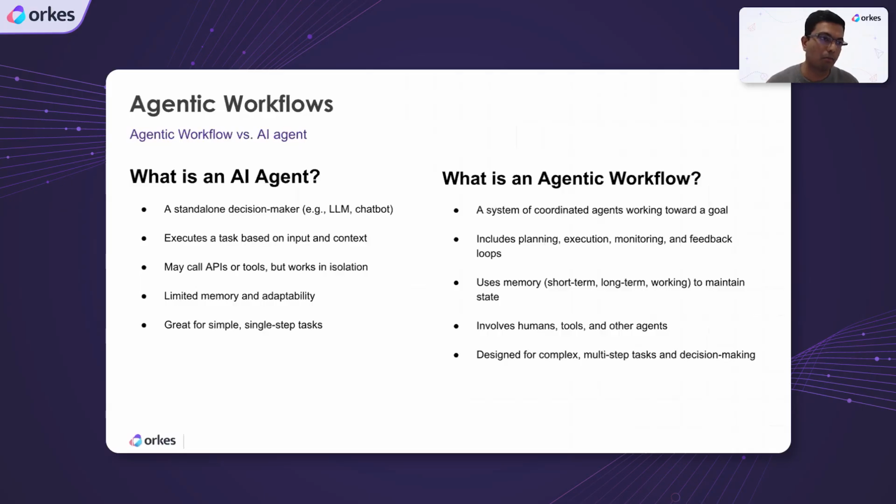And finally, the most important thing is it can integrate humans in the loop when there's a need for safety, enhanced regulation or compliance or decision-making capabilities. So think about an AI agent as one actor, and an agentic workflow as the entire play, right? Where you have a director, a cast, supporting tools, and even a critic that can monitor with feedback loops.